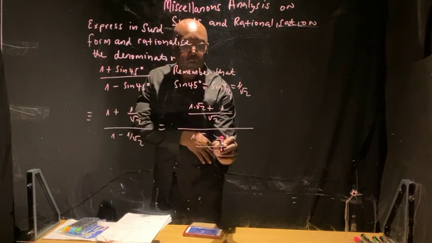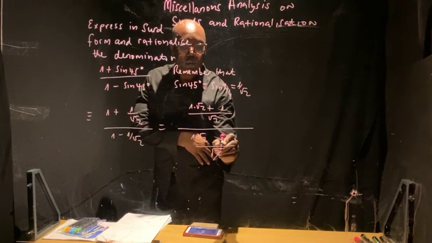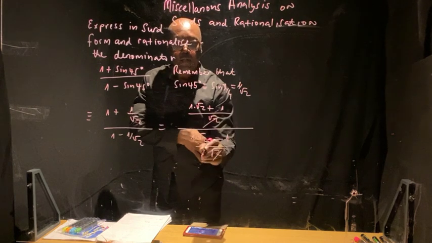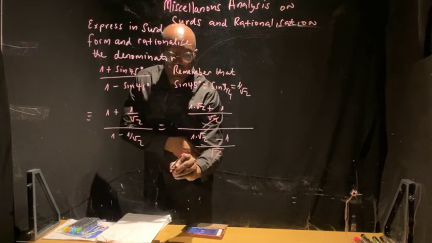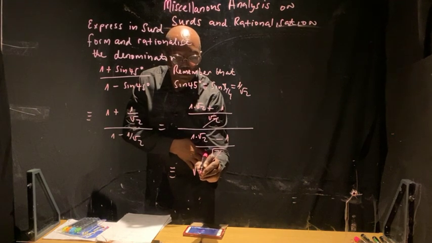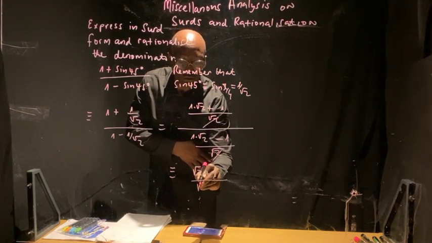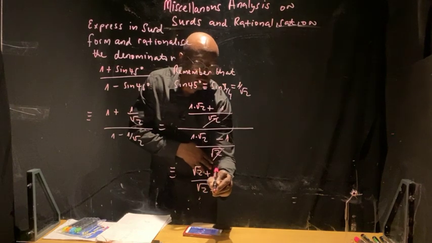This one will cancel this one. Then we are left with root 2 plus 1 over root 2 minus 1.